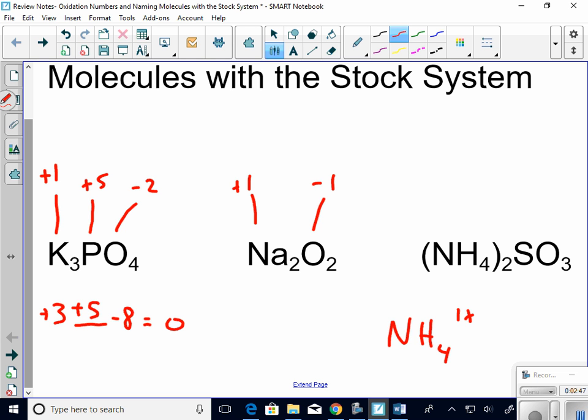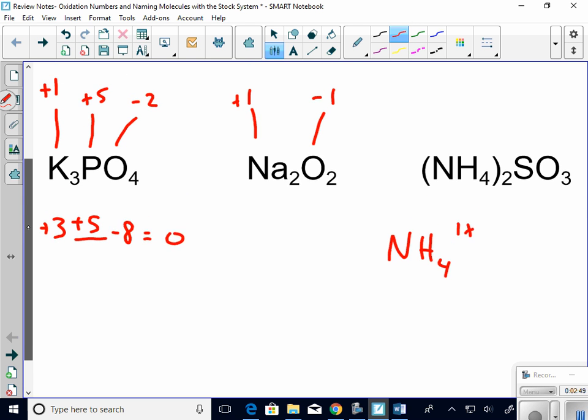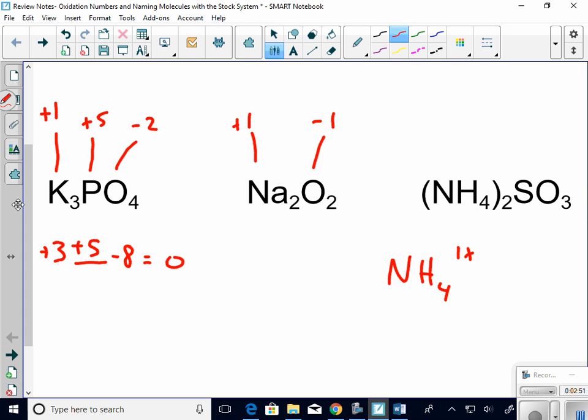So as I'm doing my ammonium here, I'm going to say, okay, it's got to equal plus 1. Well, hydrogen is going to be plus 1, so that gives me plus 4. So in order for this to be a correct statement, nitrogen's got to be minus 3, right? So I'm just going to come up here and put plus 1, minus 3.